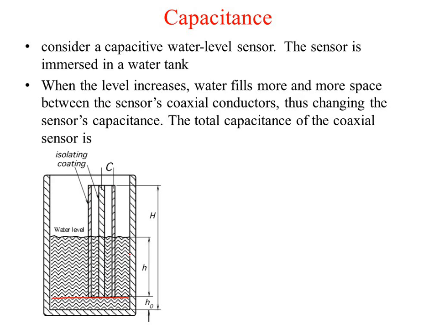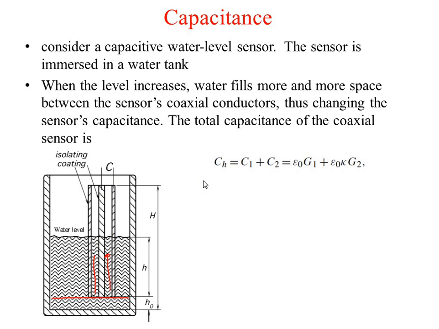Now as the tank starts filling up, there is water between the two plates, and that water has its own dielectric constant, and because of that the capacitance is going to change.